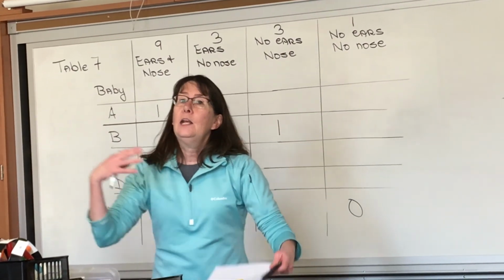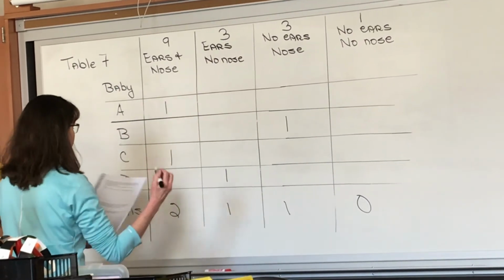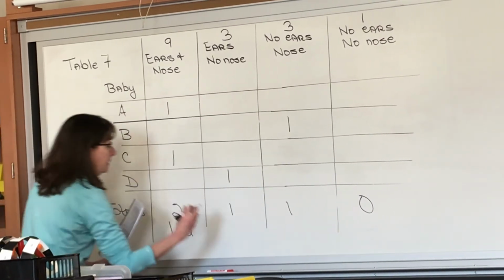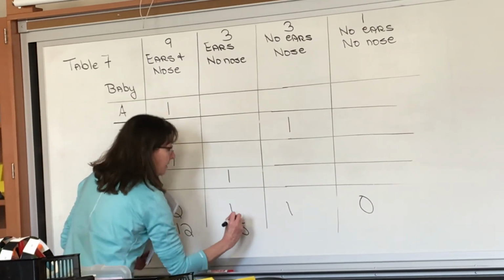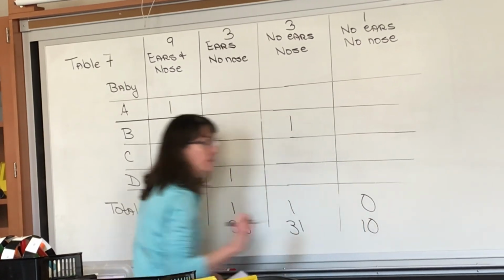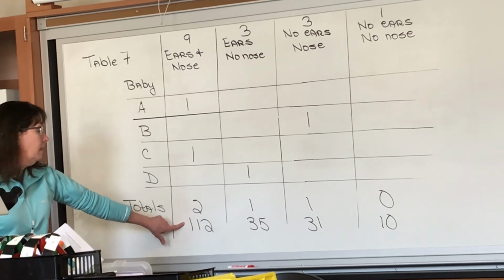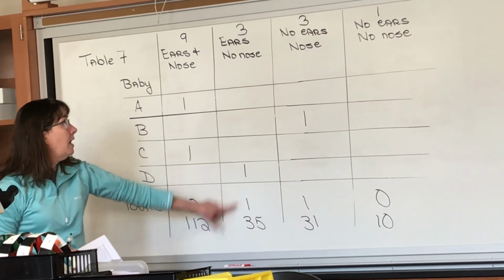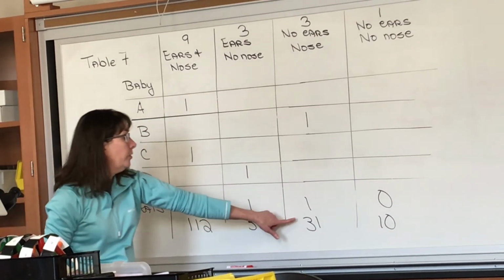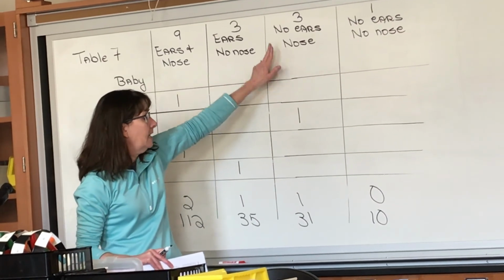So again, if we add data from previous semesters, we come up with totals of 112, 35, 31, 10. 112 have the 2 dominant characteristics. 35 have ears and no nose, 1 dominant with 1 recessive. 31 have no ears and a nose, 1 recessive, 1 dominant characteristic.